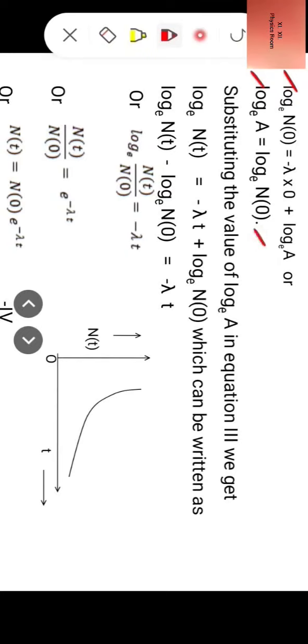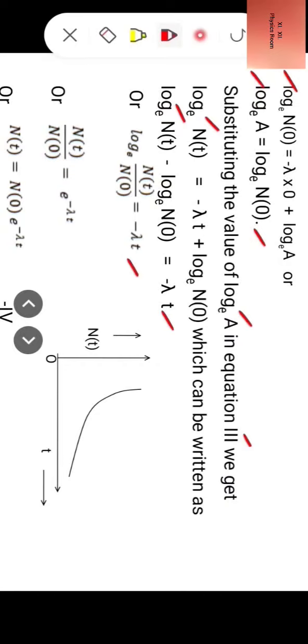Now substituting the value of log A in equation 3, we get log Nt is equal to minus lambda t plus log N0, which can be written as log Nt minus log N0 is equal to minus lambda t, or we can write log Nt by N0 is equal to minus lambda t.